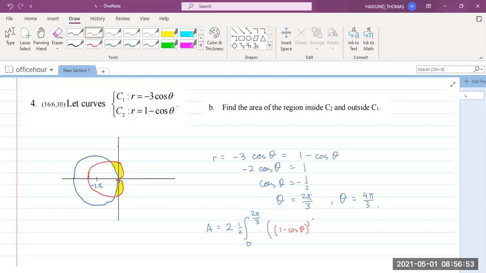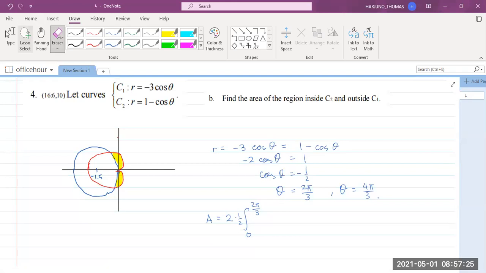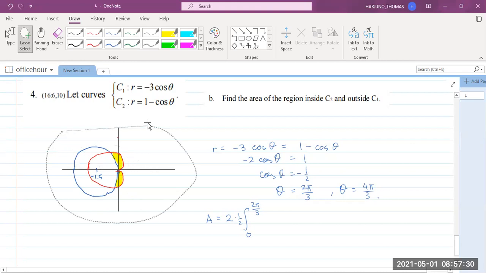Hold on. How to explain this better? We will deal with the top, but the devil is in the detail apparently. I want to zoom this. Let me zoom it.